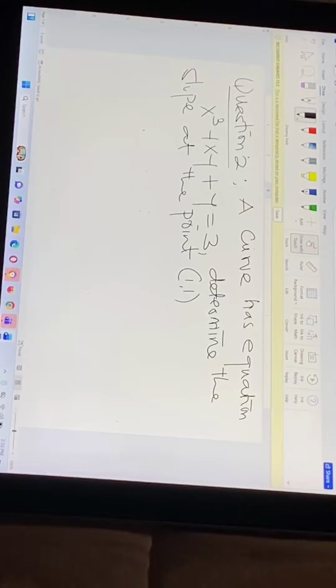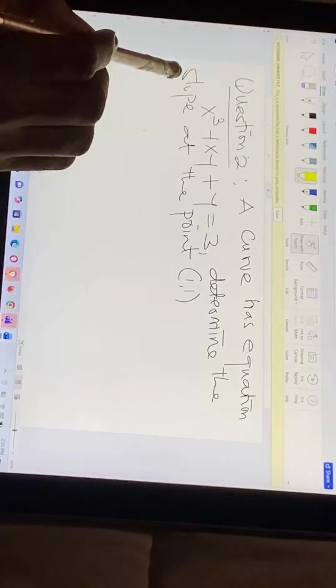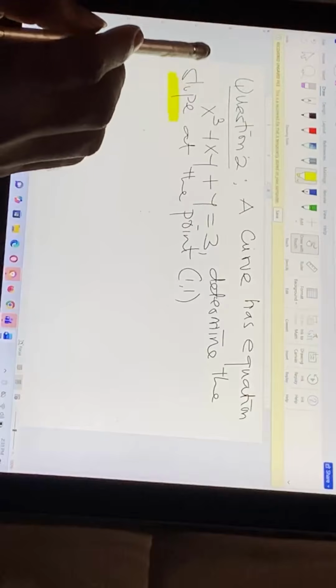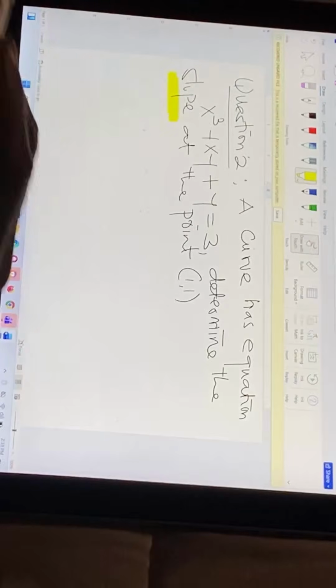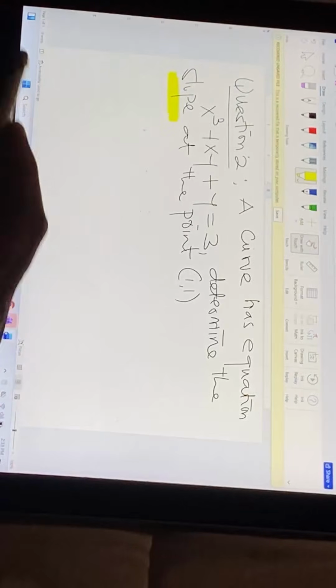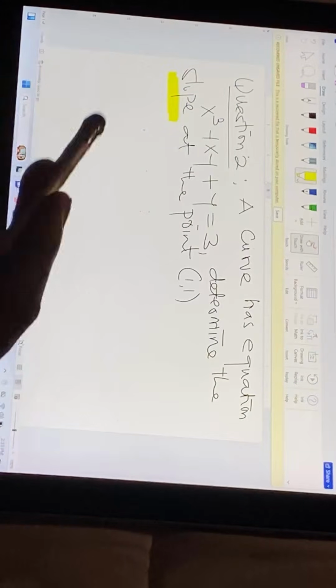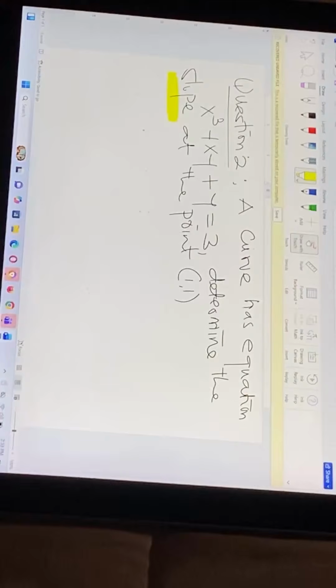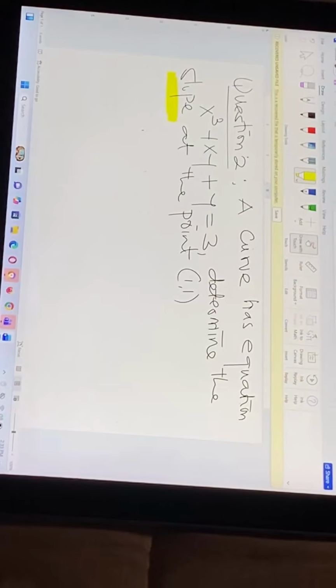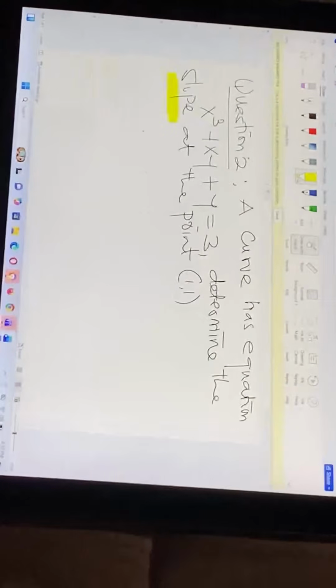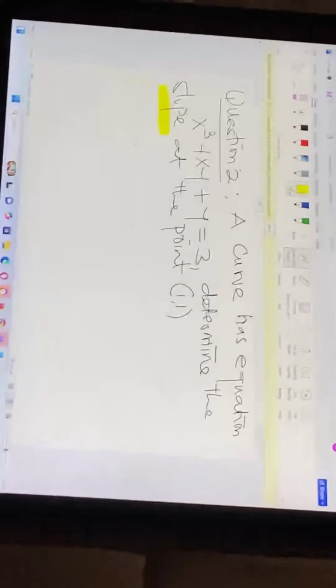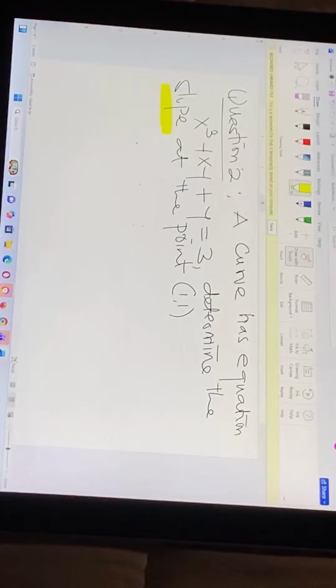So class, this word slope here in this particular equation, is it y2 minus y1 divided by s2 minus s1, or is it dy dx? Which of them are we going to use? Is it the slope formula we are going to use, or are we going to find dy dx?